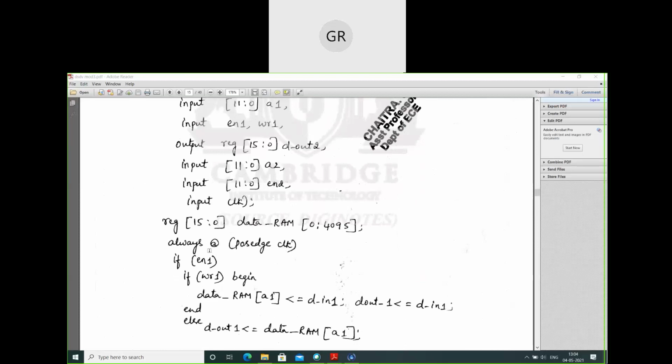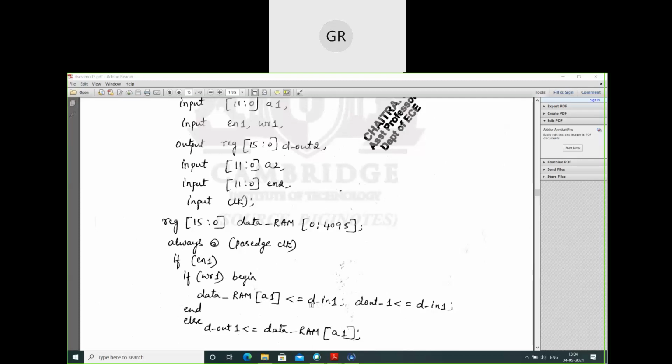If enable equal to 1, which performs the write operation, data RAM A1 is equal to D in 1. Here A1 means the address, D in 1, then D out 1 is equal to D in 1 only. This indicates the address location.